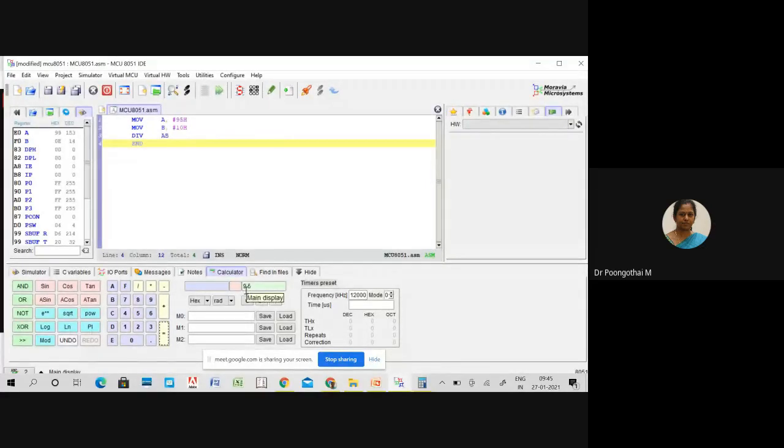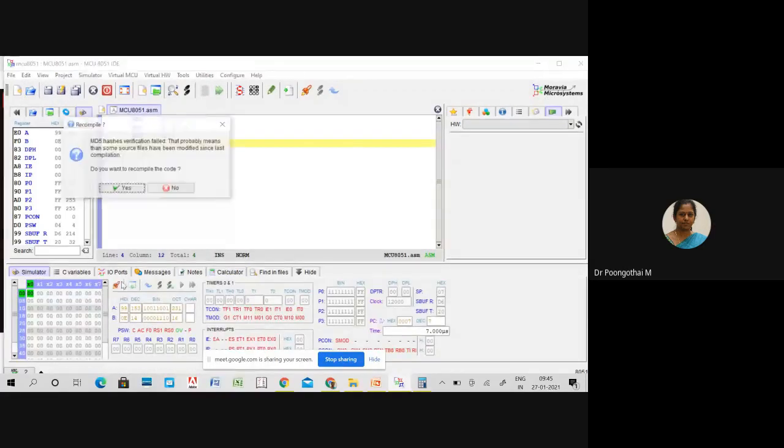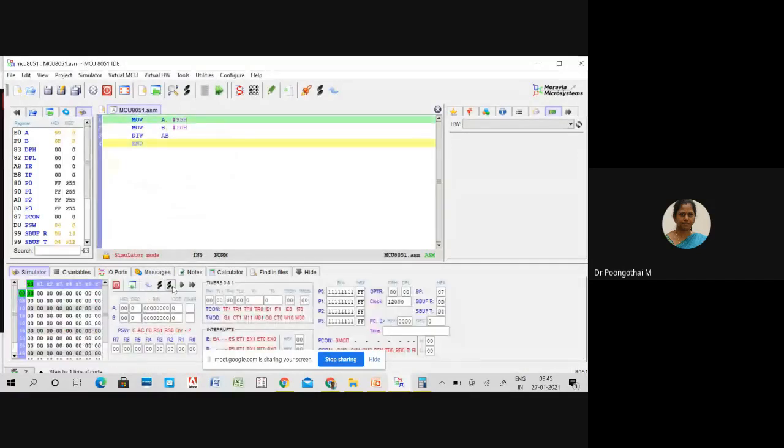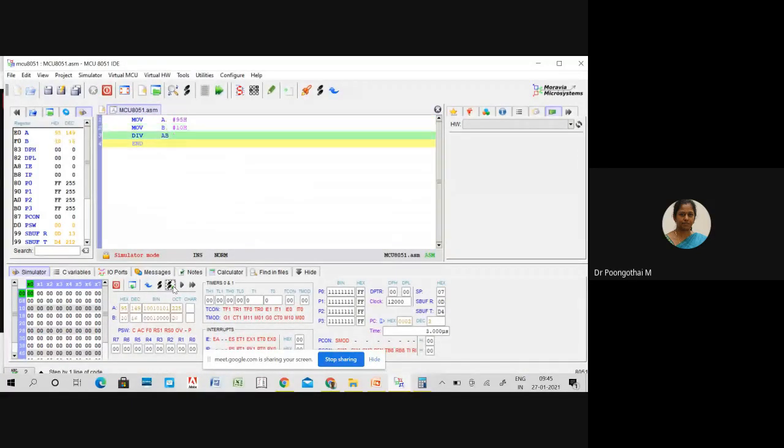Okay, is that clear? 95 divided by 10, your quotient is 9, remainder is 5. So 95 and 10 are loaded. After division, your accumulator holds 09 and B register holds 05.